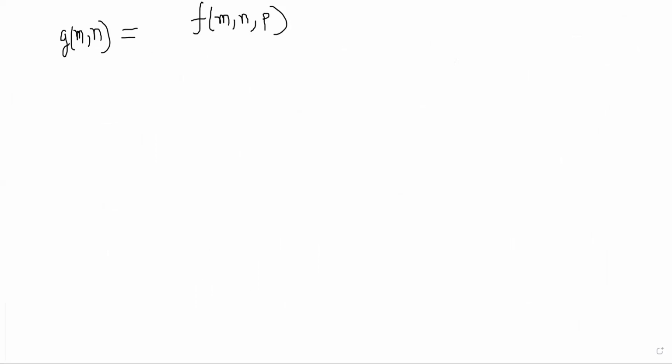F of m and p divided by n plus p cp was there, right? And the summation was over p equals 0 to m plus n. So what was the expression for f of m and p?